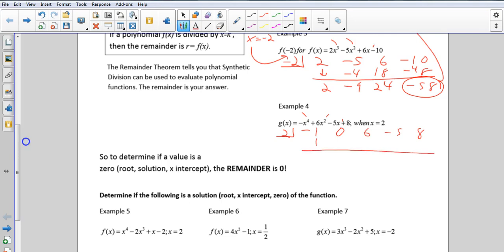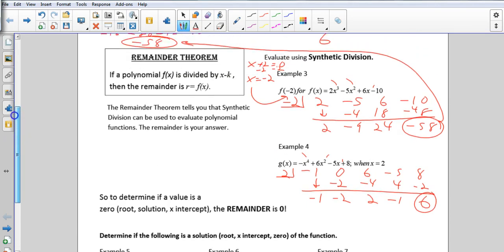Draw our line, drop down to negative 1, multiply by 2. 0 plus negative 2 is negative 2. Multiply by 2 and get negative 4. That gives us 2. Multiply by 2 and we get 4. That gives us negative 1. Multiply by 2. Add them together. That gives us 6. Once again, look familiar?